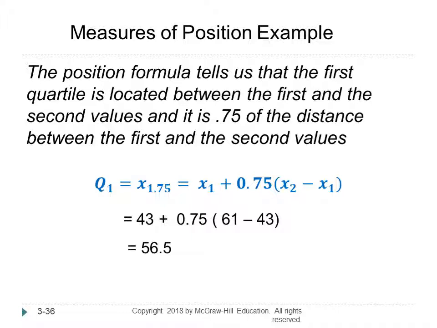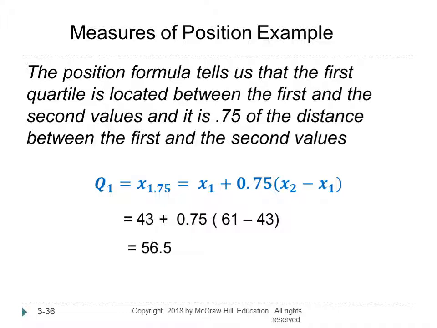Just to explain some more about what we're doing, the position formula tells us that the result was 1.75. The first quartile will be between the first and second value. It is 0.75 of the distance between the first and second value. Let's write it as an equation. Q1 is just x at 1.75, and it's located at 1.75.